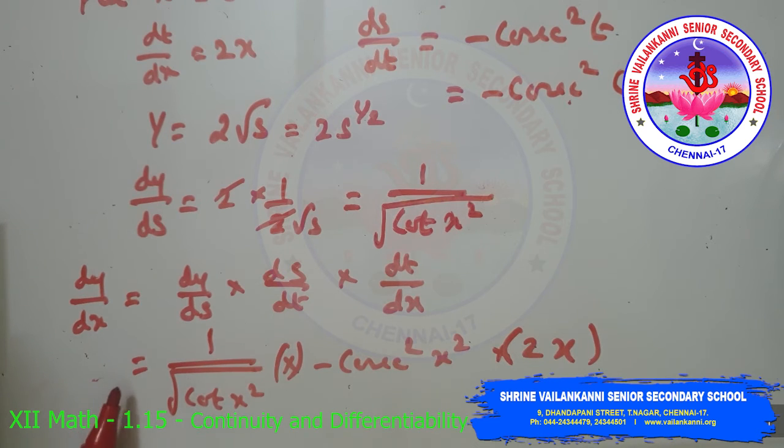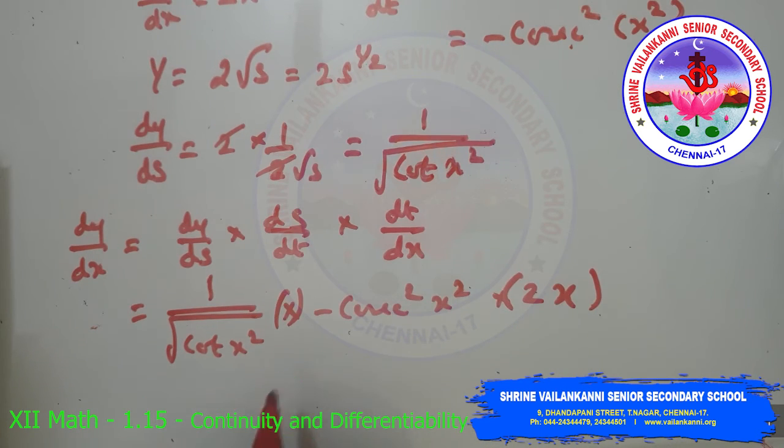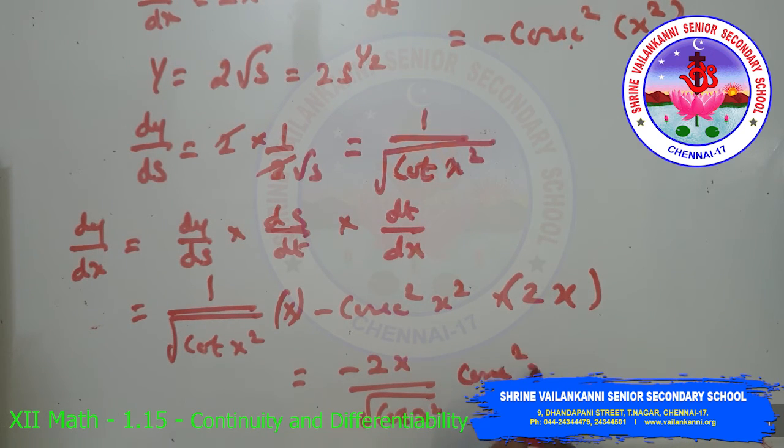So dy by dx, which is equal to 1 by root of cot x square into minus cosecant square x square into 2x, which is equal to minus 2x by root of cot x square cosecant square x square.